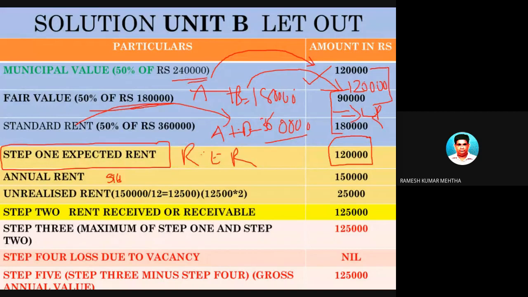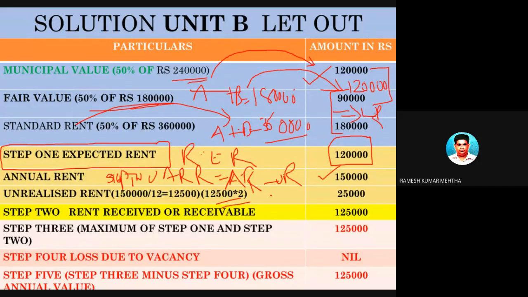Step two: actual rent received or receivable is equal to the rent at which it has been let out minus unrealized rent. The actual rent at which it has been let out is 1,50,000 rupees, and the loss due to unrealized rent is 2 months' rent.